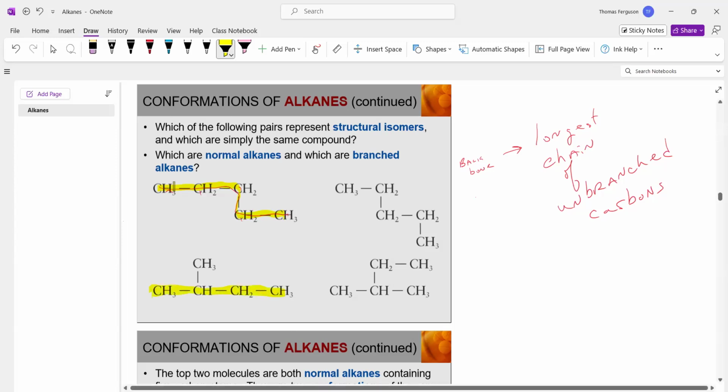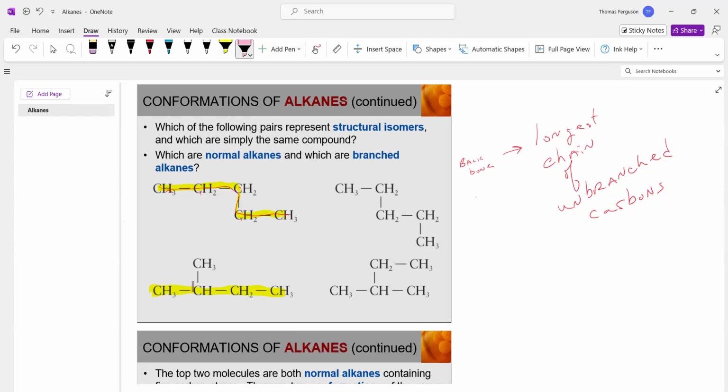For example, this one has a carbon not on the backbone. We could have also gone like that as well. Both of those are legitimate backbones, because remember, these single bonds can twist.